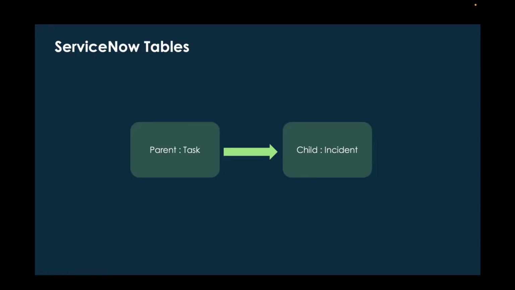And we have demonstrated the relationship of a task to an incident table and how you can find out and drill down to the record to fully identify if the field is coming from the parent or created in the child table. In addition, you also learned about the key best practices on how tables should be implemented and created. We spoke about traceability and quality and data architecture on how the tables are structured.